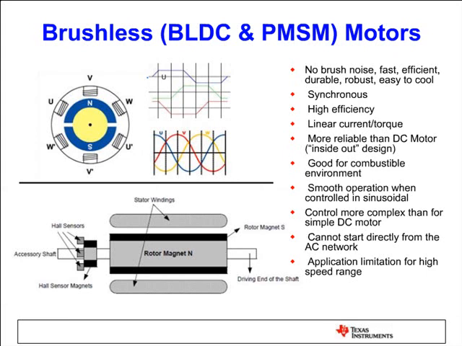Which means that we don't need to inject current, or energize the rotor circuit. It's basically because the rotor has permanent magnets on it, and these magnets are creating the field. So we have a field source. That's why we don't need to energize the rotor circuit, and we don't need brushes anymore.